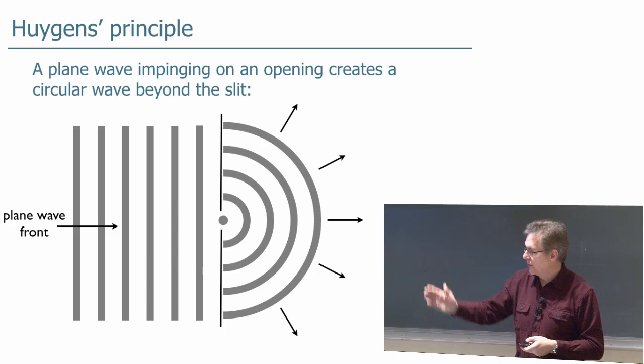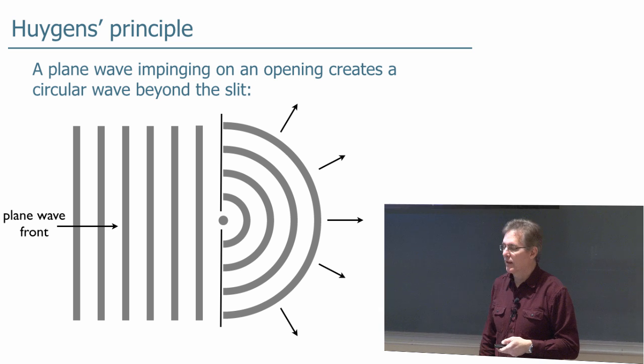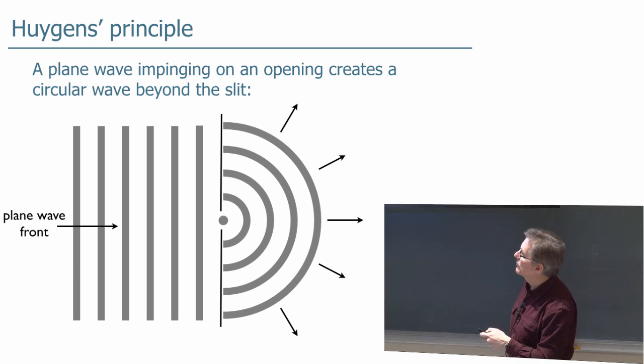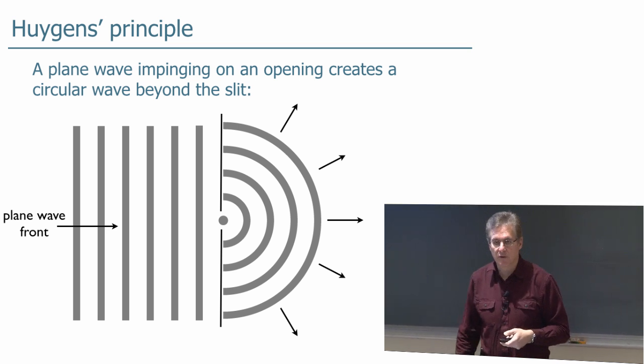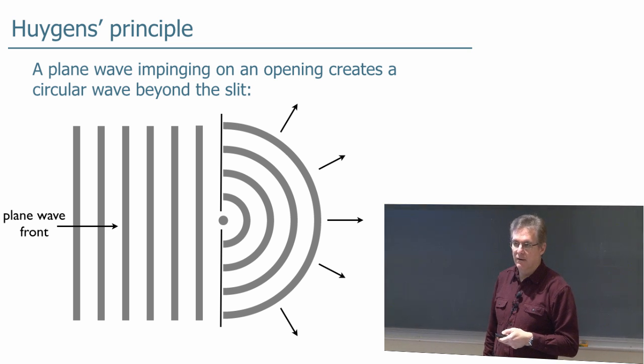Okay, so now when we have our laser beam hitting a slit, you can think of that as a set of plane wave crests hitting this slit, and the slit then acts like a point source for light coming out.